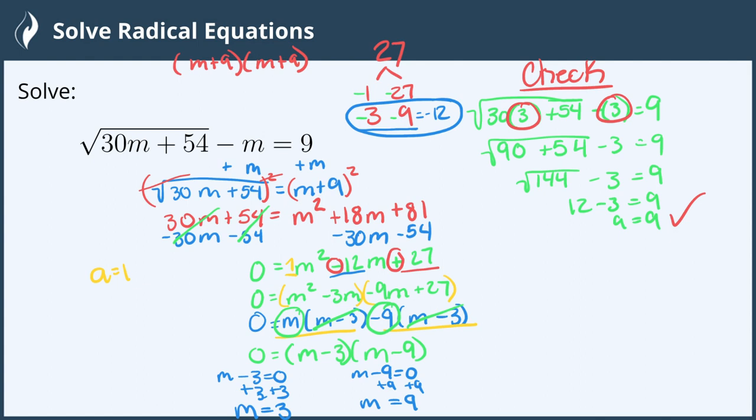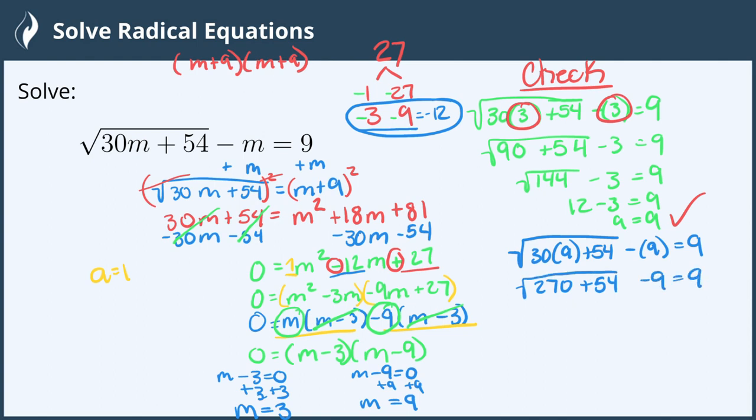Now let's go ahead and substitute our second one in, which is m equals 9. And we have the square root of 30 times 9 plus 54 minus m, which was 9, and see if it equals 9. 30 times 9 is 270, and this is still under the radical.